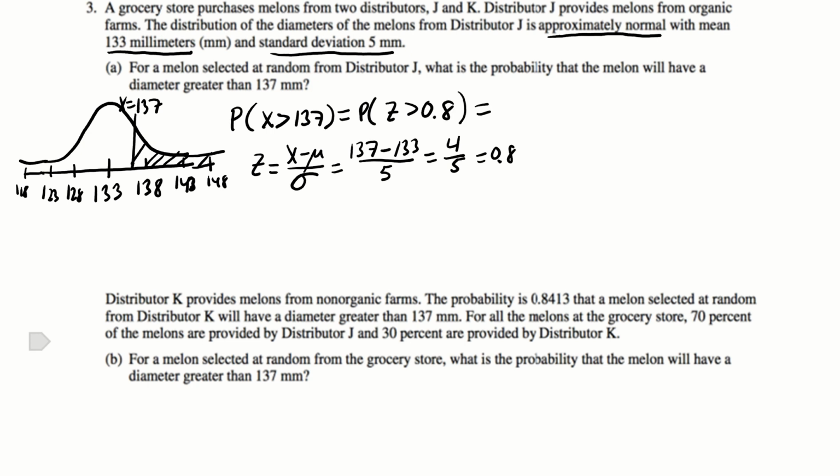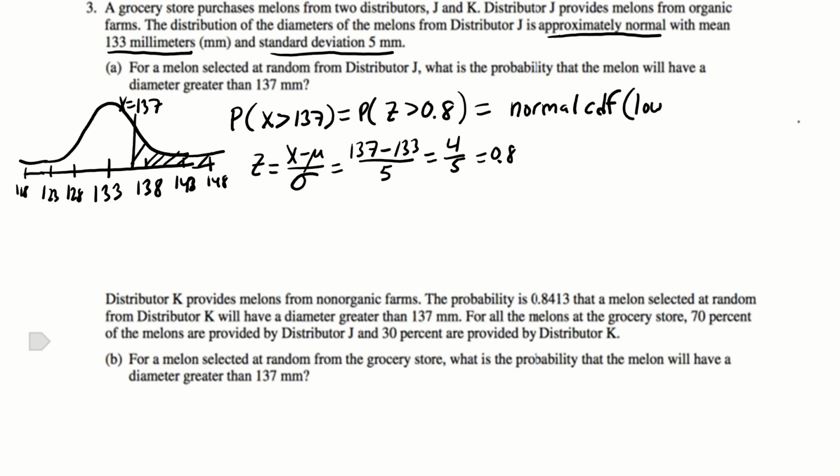You can look this up in table A, or you can use your normal CDF function, right? So you can also use that and get the answer. So we'll use our normal CDF function.